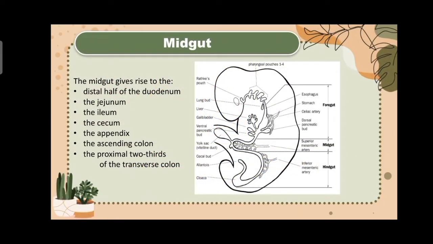Next is the midgut. The midgut gives rise to the distal half of the duodenum, the jejunum, the ileum, the cecum, the appendix, the ascending colon, and the proximal two-thirds of the transverse colon.